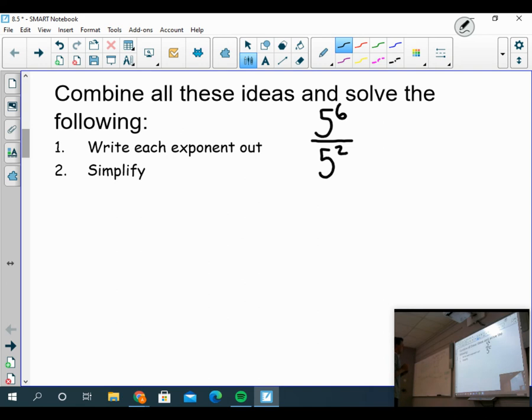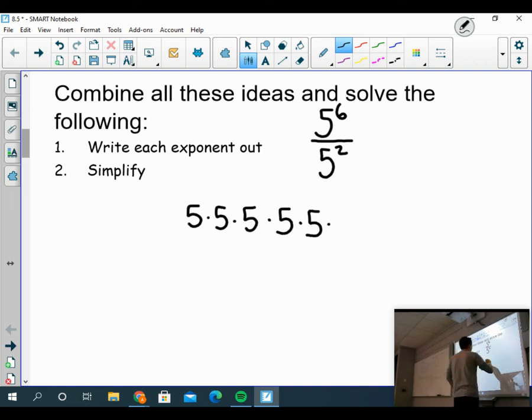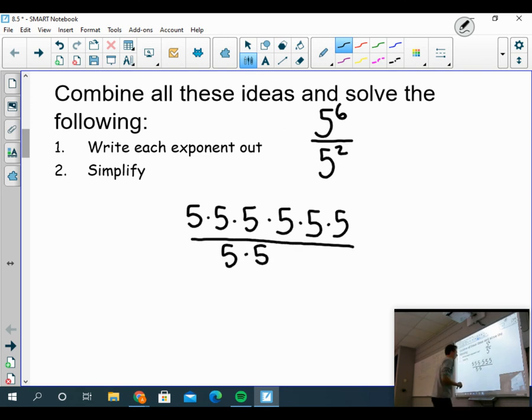Hopefully you've given it a shot, and hopefully you used the logic we applied above. The top, 5 to the 6th, can be rewritten as 6 5s all multiplied together. 5 squared can be rewritten as 2 5s multiplied together.